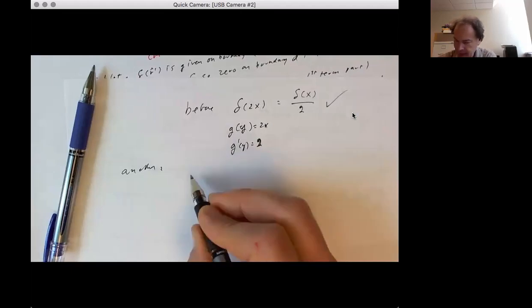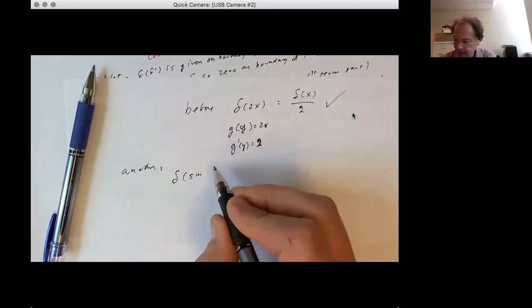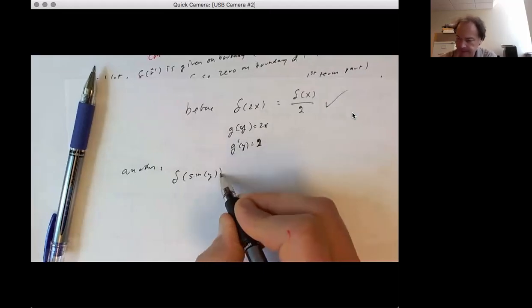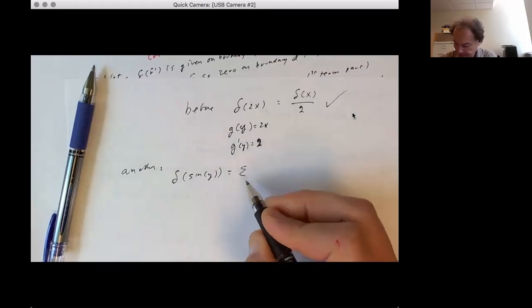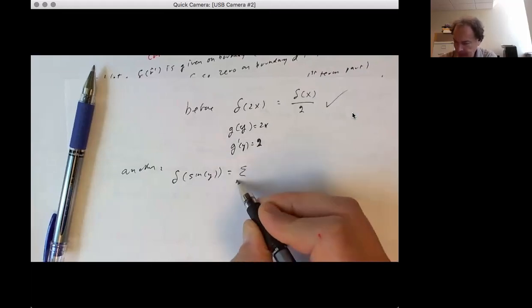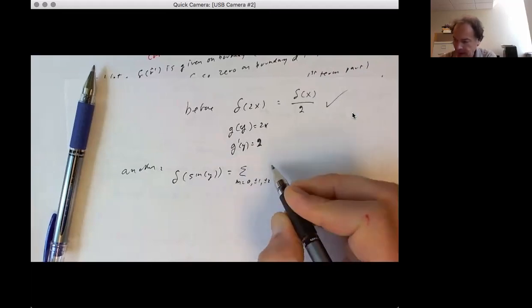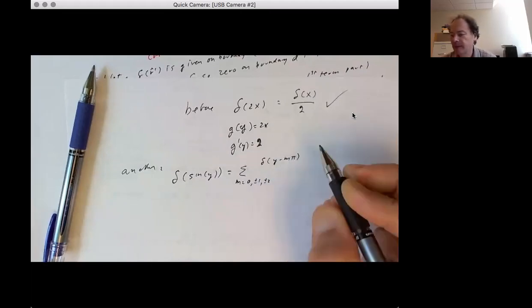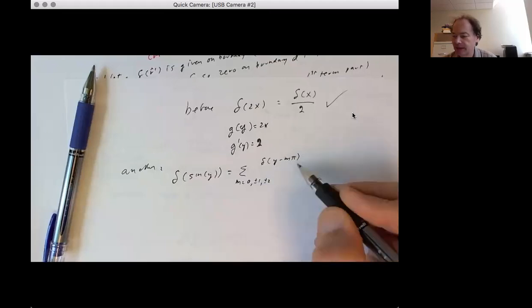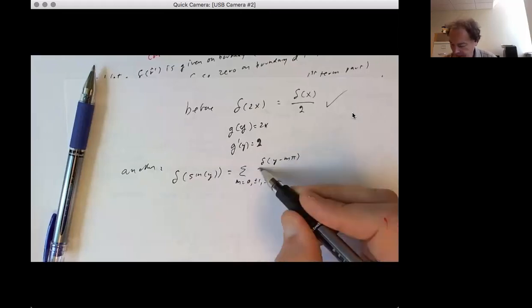And let's do one more. What is delta of sine of y? That's equal to the sum over m equals 0, plus or minus 1, plus or minus 2, of delta of y minus m pi, right? This is 0 pi in either direction, both directions from that. And we have to divide by the slope.